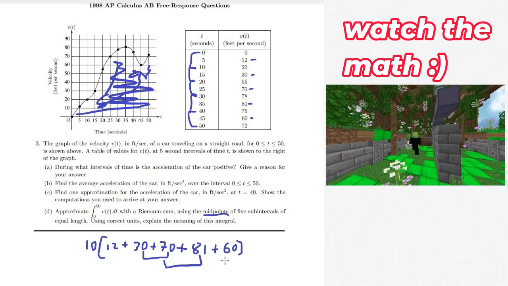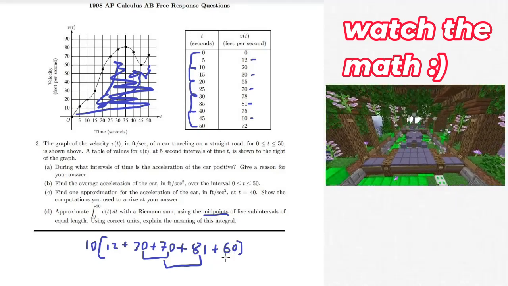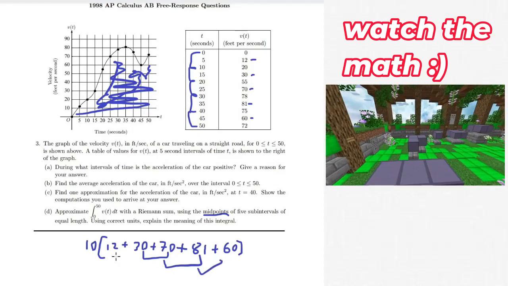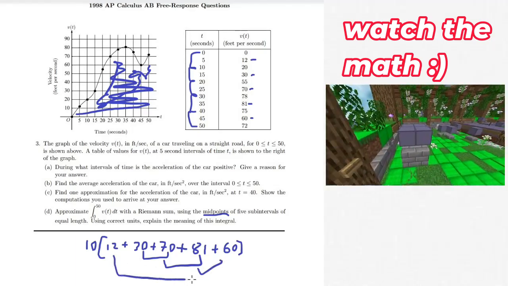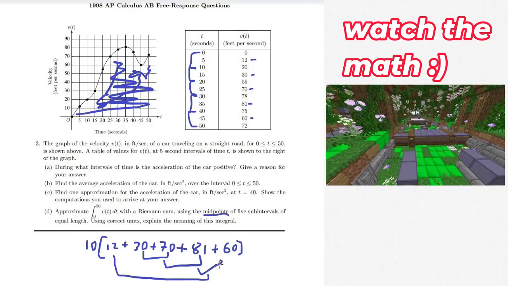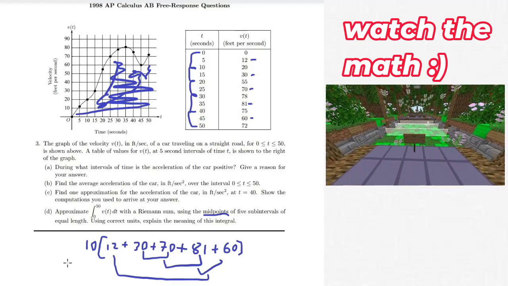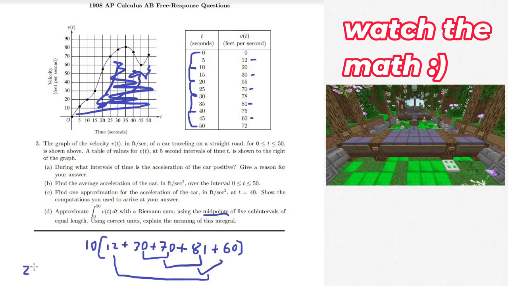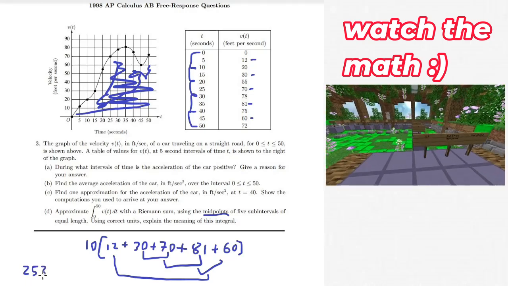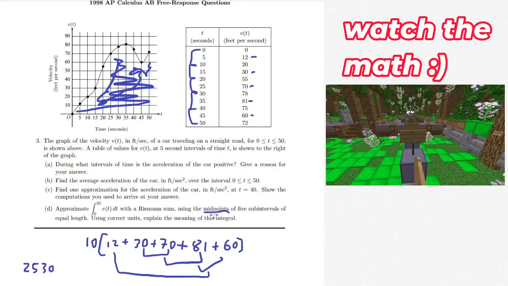Then I suppose we can add this now, which is going to give us 241, 253, I think. 253 times 10 is going to give us 2,530. Yep. And now we're going to put on the proper units.